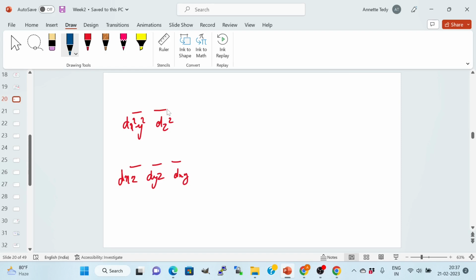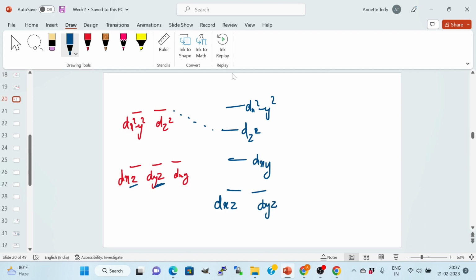Lesser interaction means lesser repulsion, therefore lesser energy. So this dz square orbital will now decrease its energy. It will become much more stable now. Here also this degeneracy will shift because the dxz, dyz components will also come down. This is dxy, but these two orbitals are now much more stabilized. This is Z out.